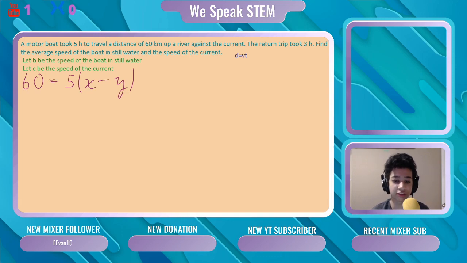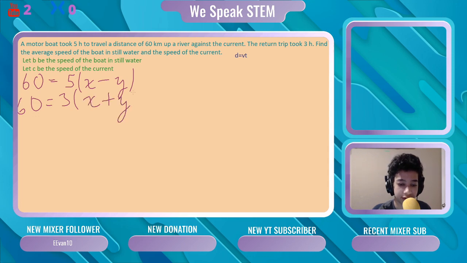Okay, and the second one's going to be very similar. We're also going to have 60 because that's our distance. 60 equals 3, and this time you're traveling with the current. So the current's going to push you and you're going to go faster. So we're going to get x plus y. I'm using the wrong variables, I forgot we were using different variables for this.